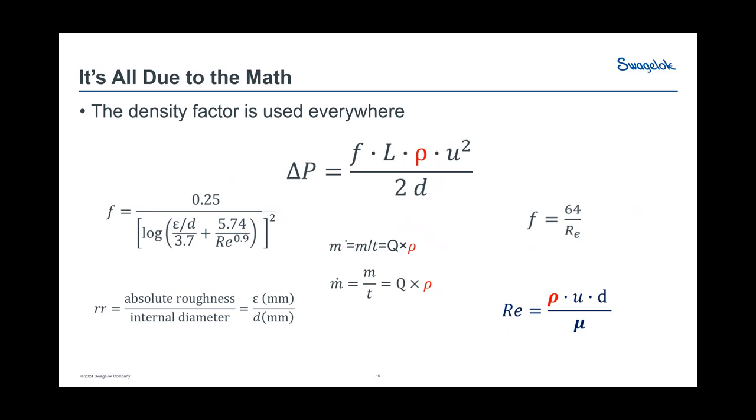A couple other formulas here are part of this whole thing. The roughness of the inside of your tubing or your piping is really important, and I'll show you why in a minute. So just understand that the formulas that we use get us to certain factors. Those factors are used all throughout all of our other calculations. And if you're not doing it the right way, you're going to be in trouble.